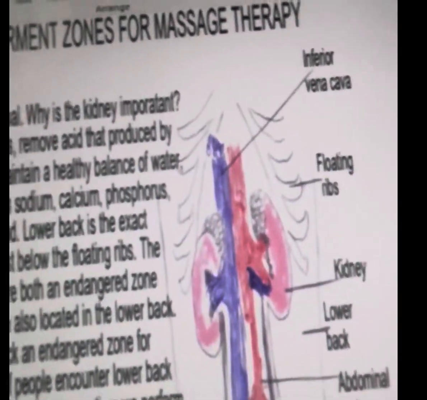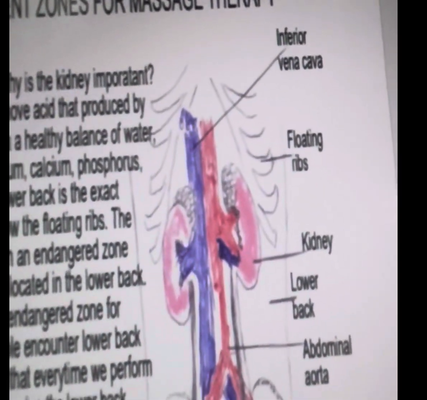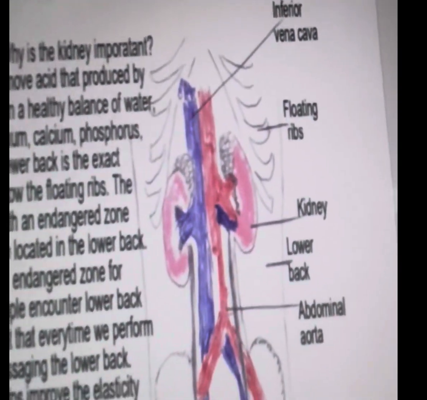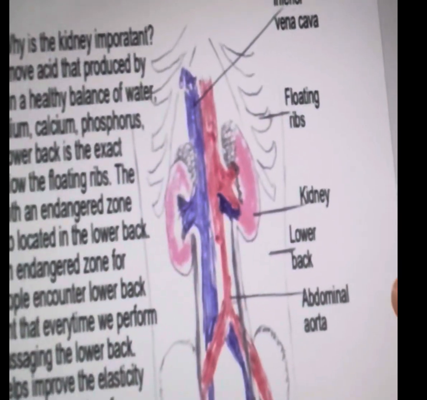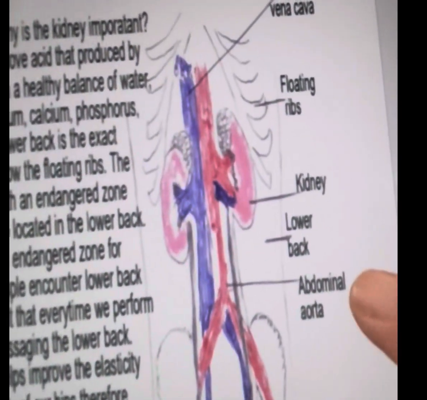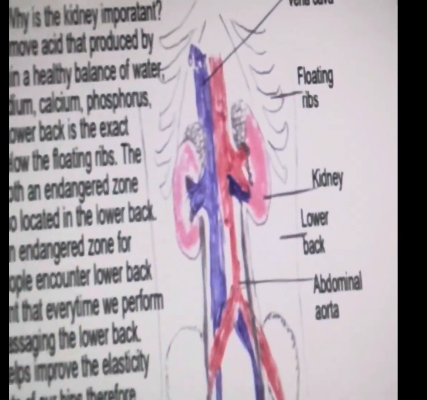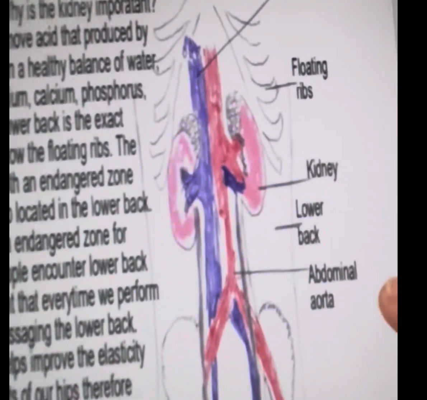The lower back is also an endangerment zone for massage. It is important that we address the lower back properly with caution, to take care of our floating ribs and also our kidney and our abdominal aorta.